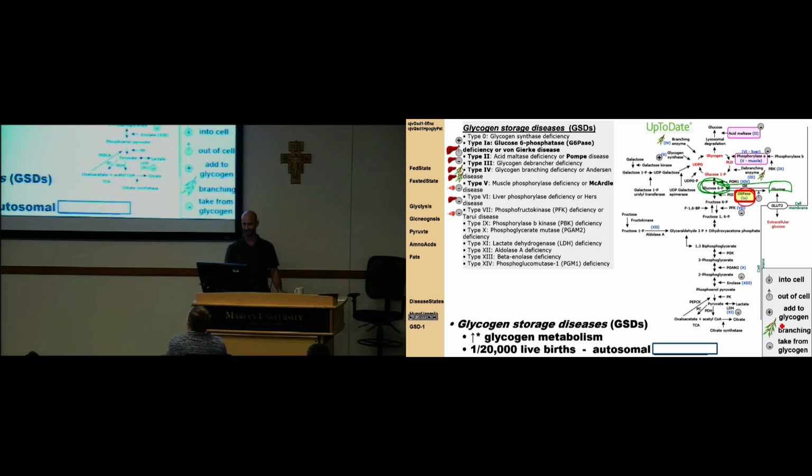And the main disease we're talking about, von Gierke disease, which is type 1A, or type 1, is when you basically can't get out, right? That is blocked, okay? And so if you have a lot of this, everything's going to happen. You're going to go this way. You're going to go this way. You're going to go this way because you're building up this. That's the big take home. We'll hit it again and again.